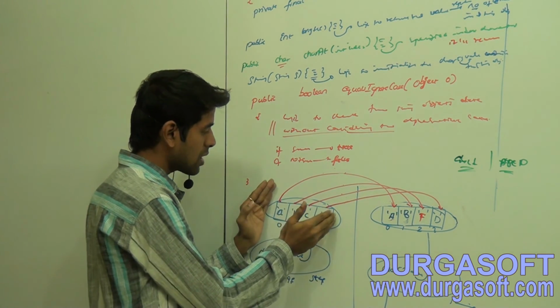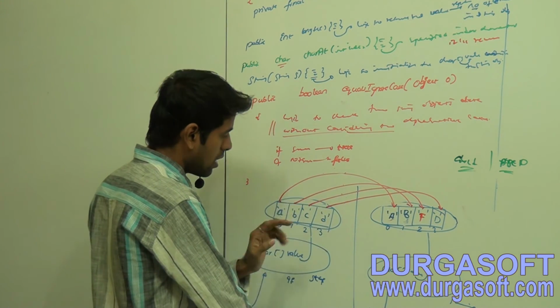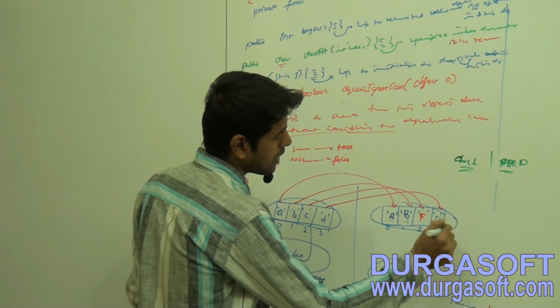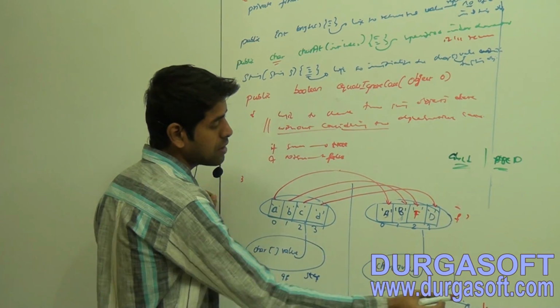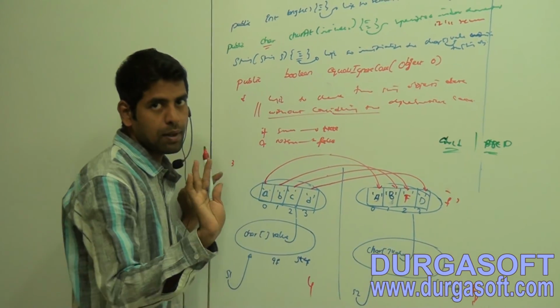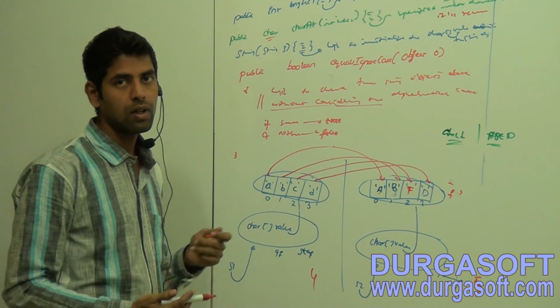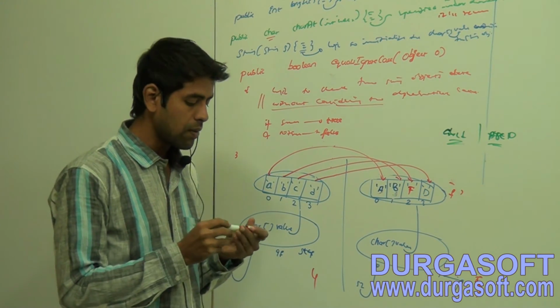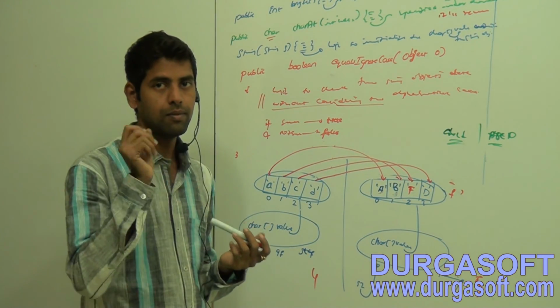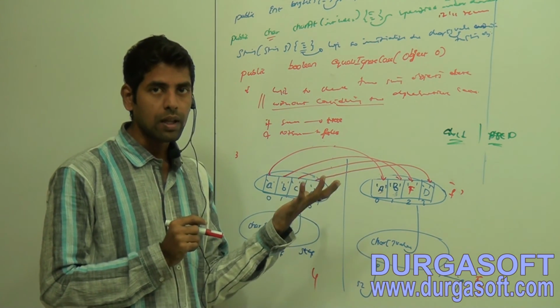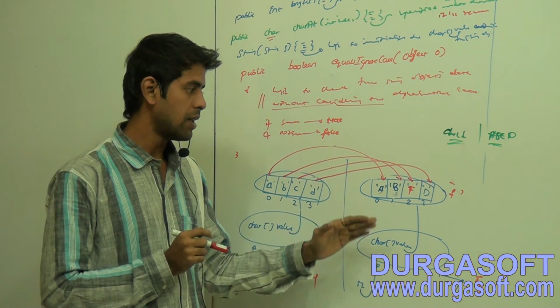This is the string object data and this is the string object data. Here you are having 4 elements, here also you are having 4 elements. If I have here 5 elements, now don't perform any checking. Okay, directly tell it is not equal.